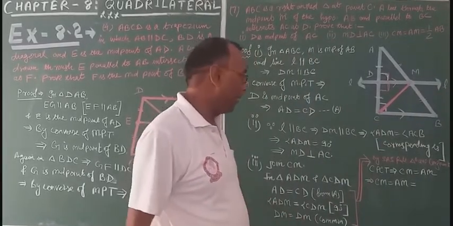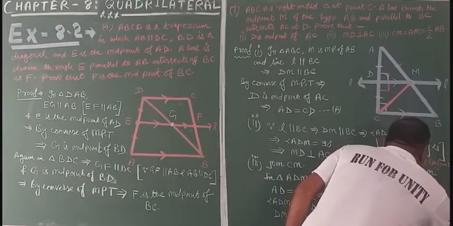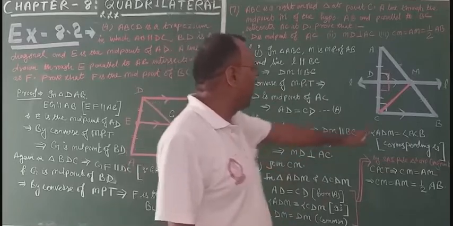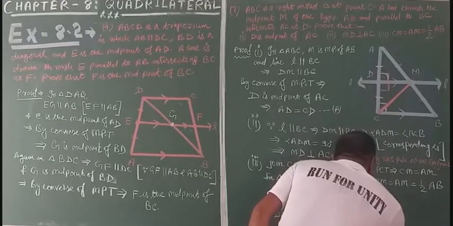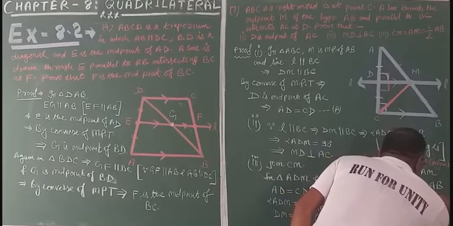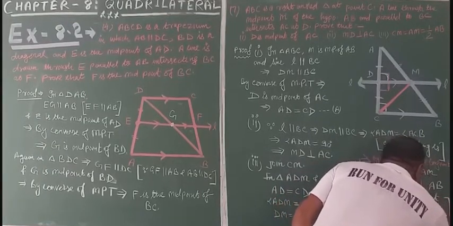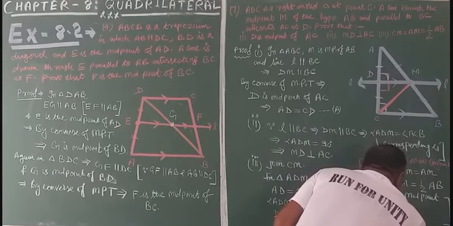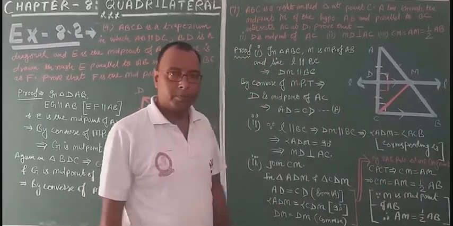So AM means half of AB. Since M is the midpoint of AB, AM will be 1/2 AB.